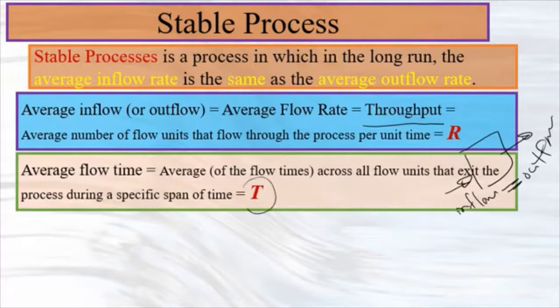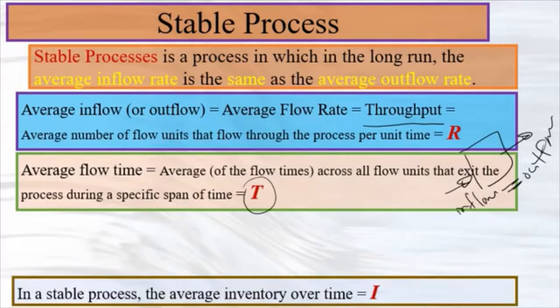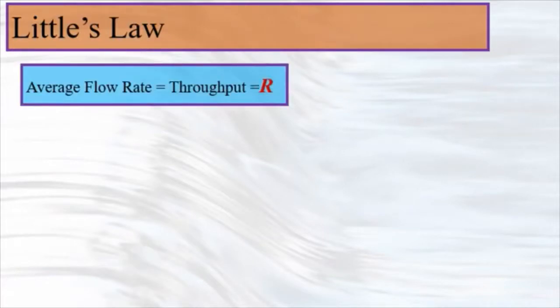And now we get the same definition in terms of T and I. But what's very important about a stable process is that we get to use Little's law.